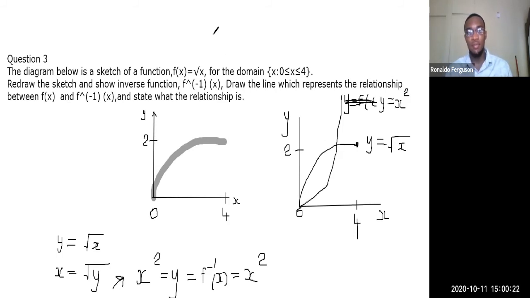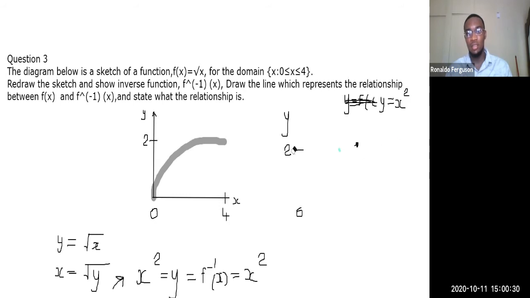Simple as that. I want to give a better sketch, so I'm just redrawing it so it looks better and more accurate.